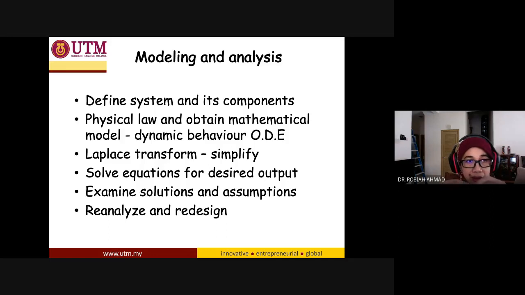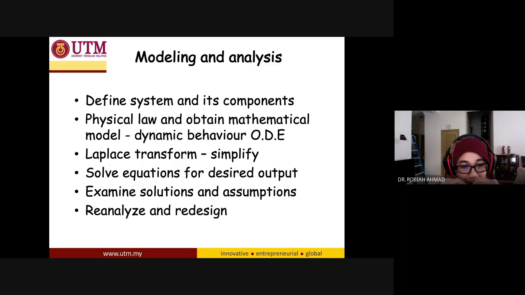In your case, in the RLC circuit, you're looking at the voltage and the current, along with the components R, L, and C. So you define the system and its components, and you get the physical law, for example in electrical, Kirchhoff's law, Thevenin's law, nodal analysis and so forth, and you obtain the mathematical model and arrange it into the ODE.